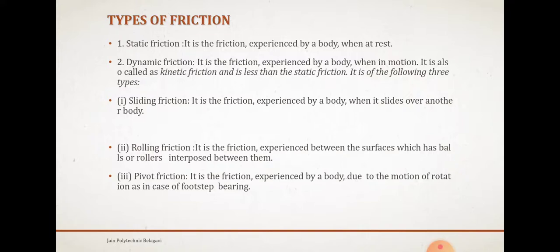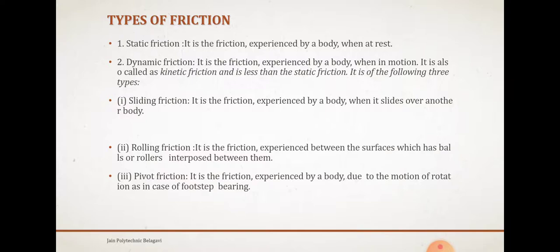The friction of a body when it is at rest, we call static friction. Dynamic friction: the name itself indicates something which is in motion. Something which is in motion we call dynamic, and the friction because of this motion of the body we call dynamic friction.